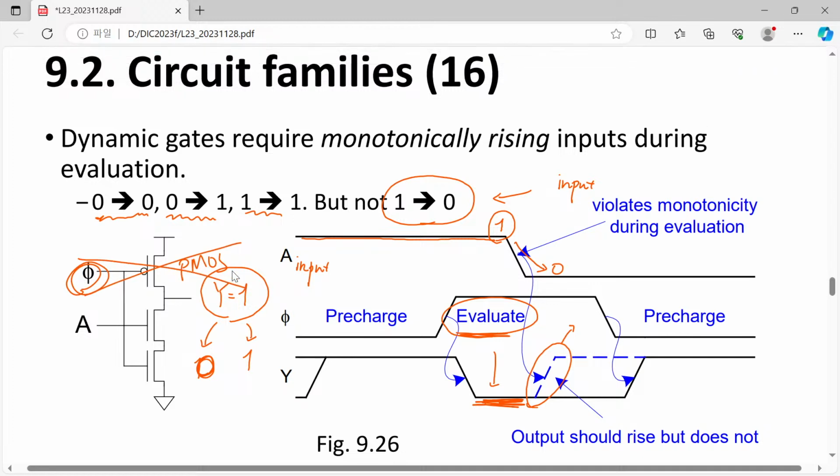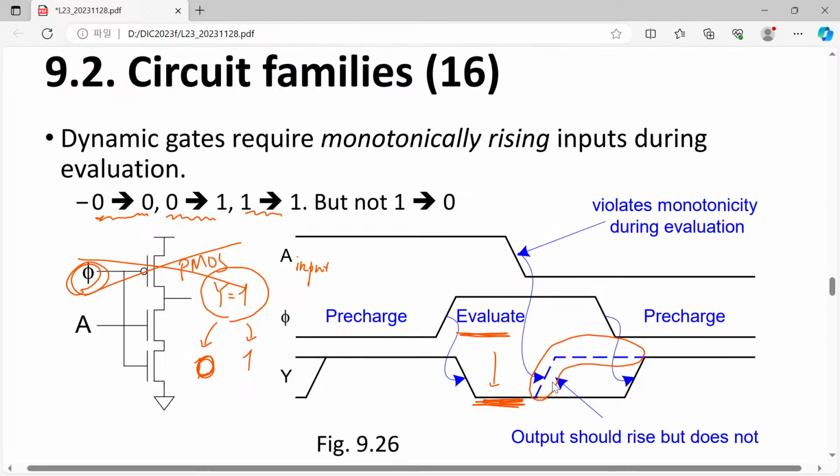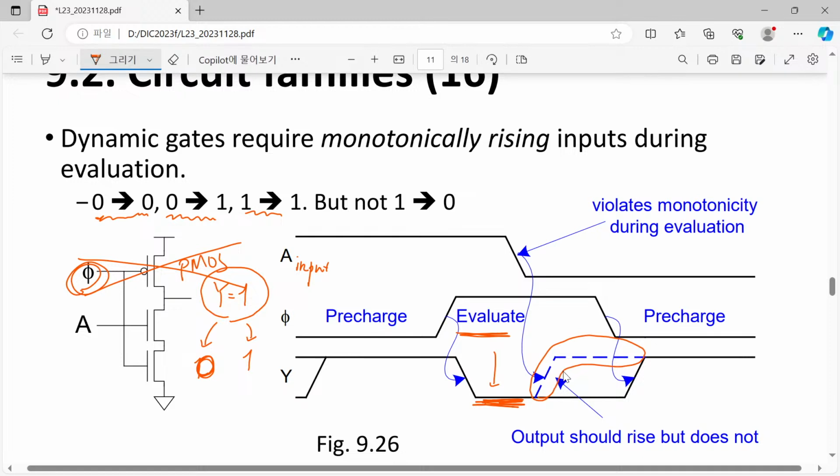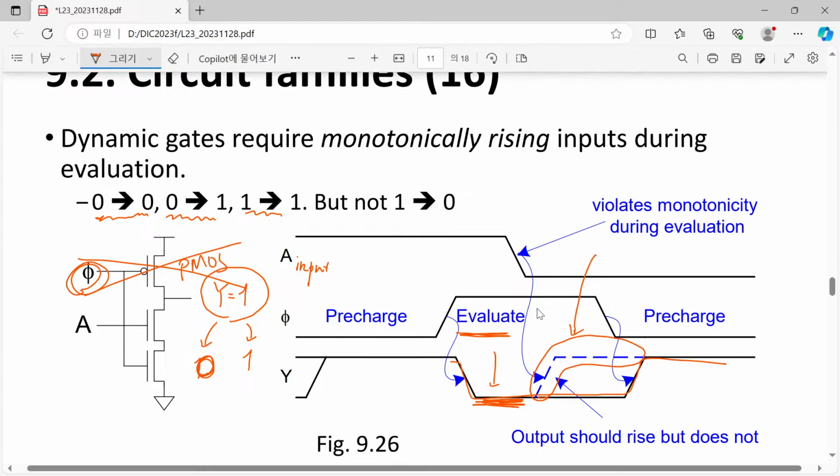There is no driving force to fill or charge the capacitor once again. So even though we have applied this 1 to 0 transition for our input, our output does not react to that input transition. So what we have in reality is just nothing. Then you know that this is regarded as a failure of your logic operation.